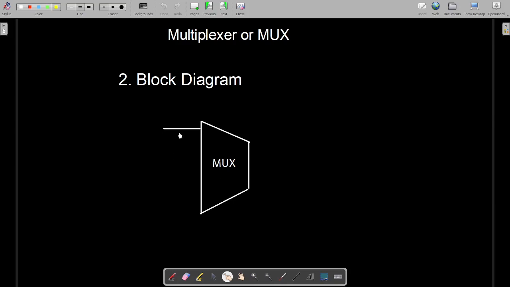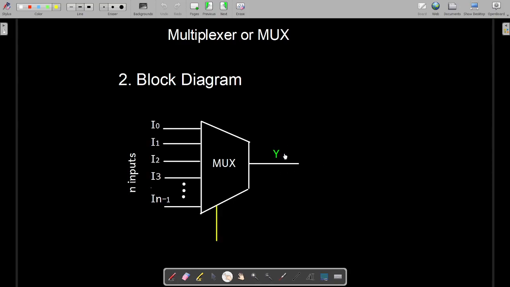There are n number of inputs, so we name them as I0, I1, I2, I3 and finally In-1. Hence there are n inputs, single output which is named as Y.